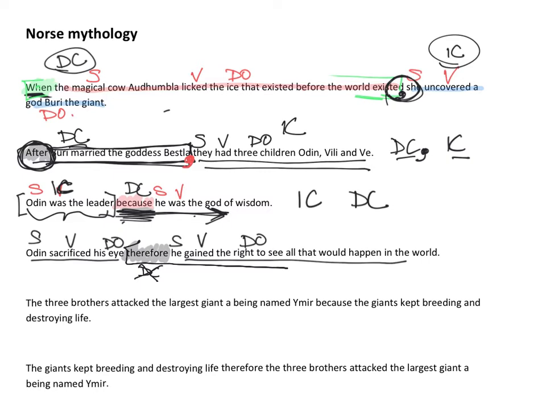It's too big for a coordinating conjunction. Those are our fanboy words, which means this is a conjunctive adverb word. Now, if I am joining two complete sentences with a conjunctive adverb, what do you have to have in front of it? A semicolon. What do you have to have behind it? A comma.